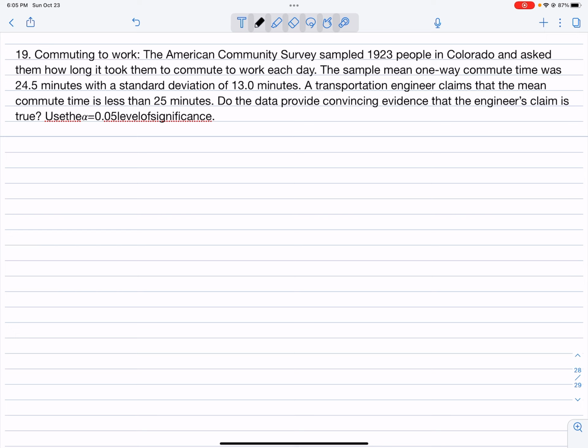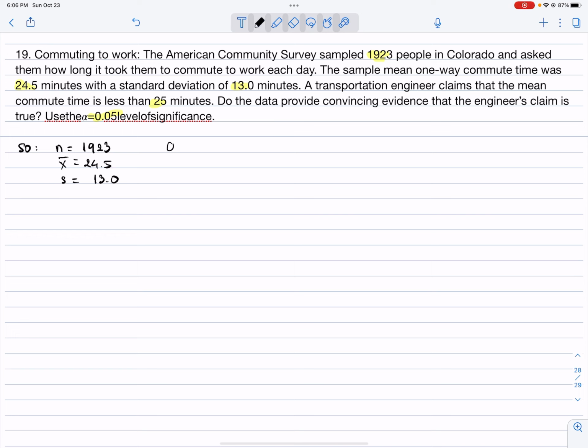Use alpha 0.05. Now we begin from step 0. We have some numbers in this problem. The sample size is 1,923, the sample mean is 24.5, and the sample standard deviation is 13.0.